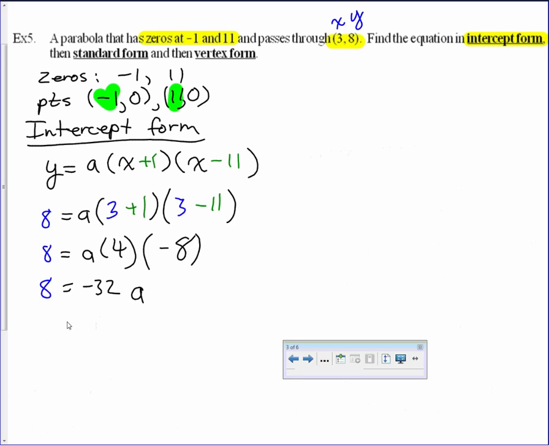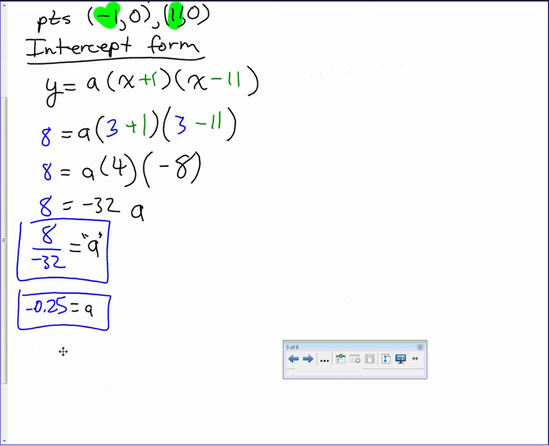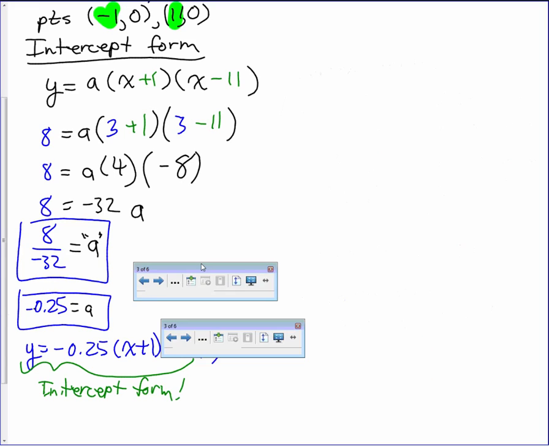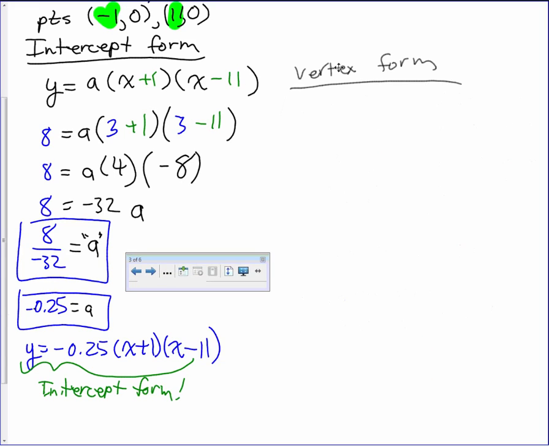And in order to get a, all you have to do is say a is equal to 8 divided by -32, which turns into -0.25, which means that this is our intercept form. Okay, so all we did was plug in what we had. Now for the vertex form, let's calculate the axis of symmetry.